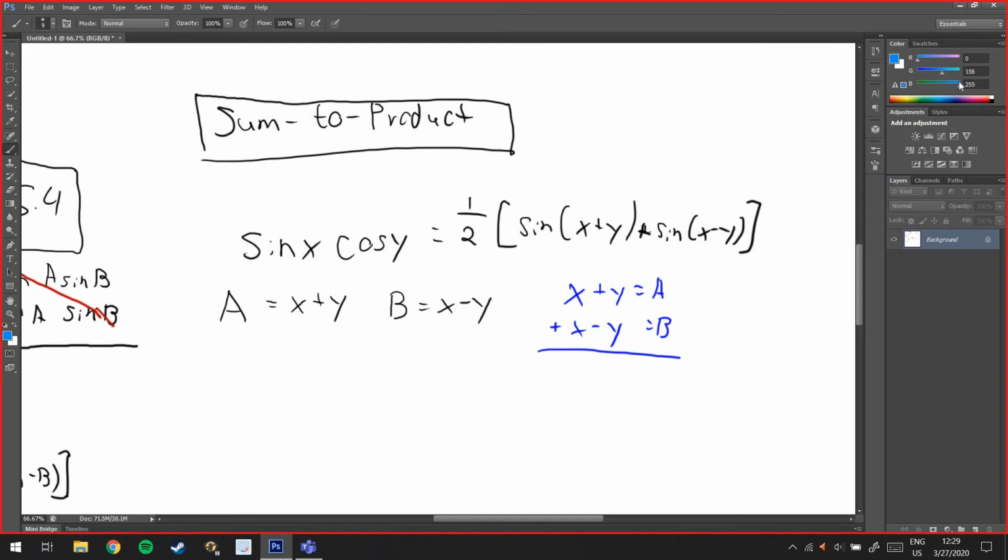And then I'm going to do, in a different color, x plus y equals a, minus x minus y equals b.